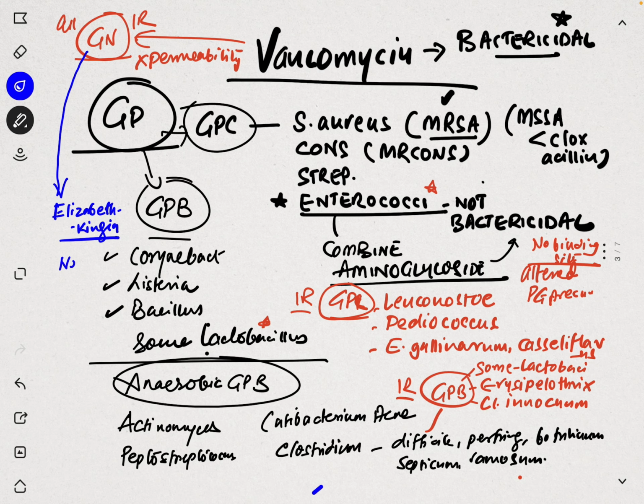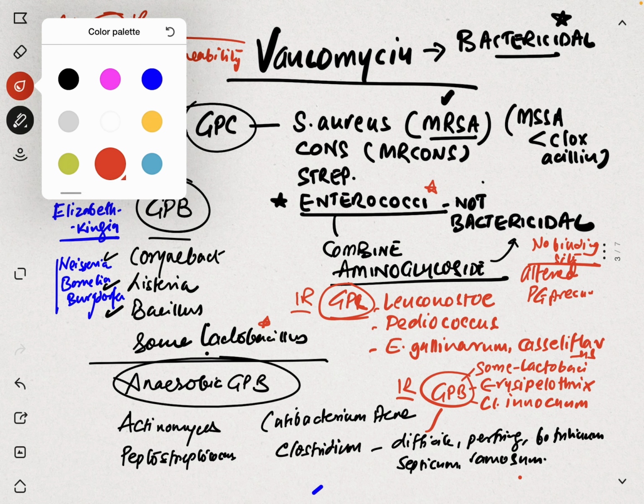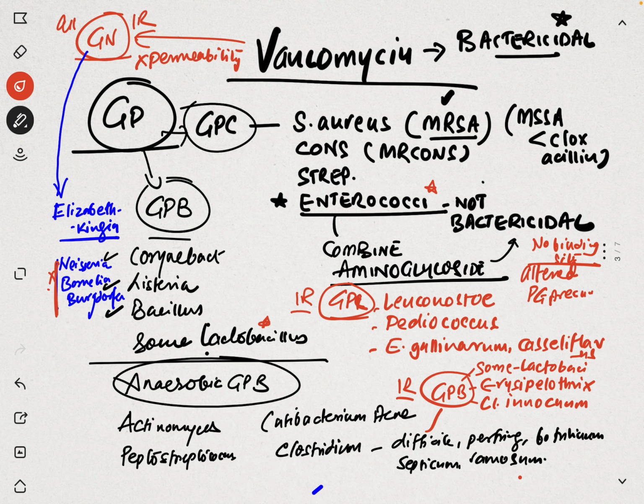For Neisseria or Lyme disease, Borrelia burgdorferi, it appears in vitro it is effective, but in fact it is not. So in vivo, actually there is no effect, but this is a genuine exception, Elizabethkingia, for which vancomycin is used therapeutically, though it is a gram negative bacillus, right?